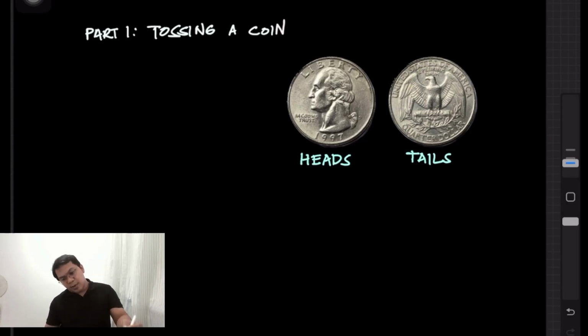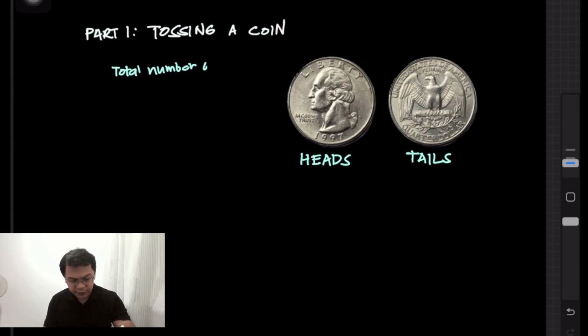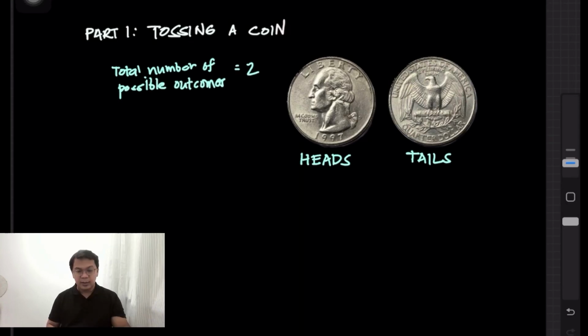So going back to the probability of getting heads or tails, that's going to leave us with two possible outcomes: one is heads and two is tails. So the total number of possible outcomes is equal to 2, right?